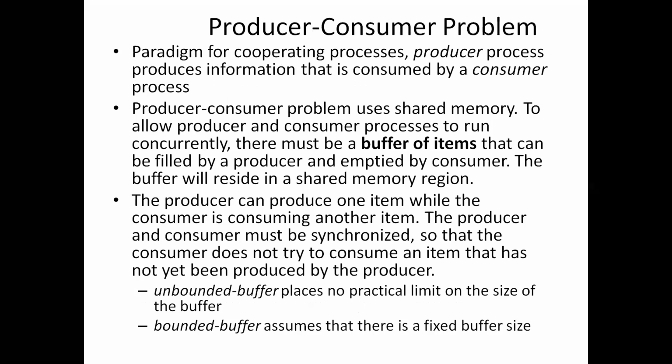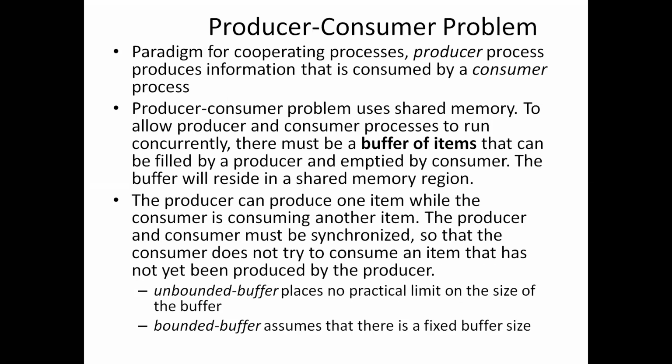Next, we can explain this shared memory system, or cooperating processes, by considering the producer consumer problem. Very important it is. Here the producer produces information and that is consumed by the consumer process.